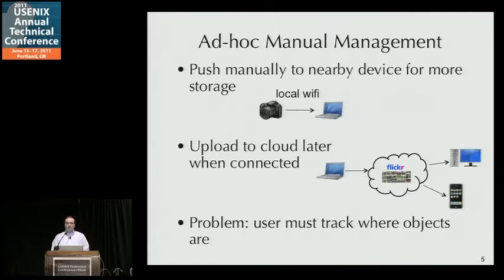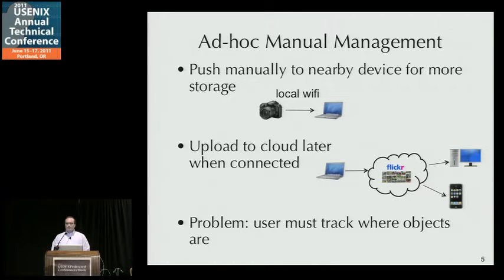So if you then look at some of the ways that people cope with these kinds of problems when they have either poor or intermittent network connectivity, you could take pictures on a local device, and then, if you want to copy them either because you have limited space or because you want a redundant copy, you could use some sort of local transport to copy them to another device you have locally, and then later on, when you have a working connection to the internet, upload them to your centralized storage provider.